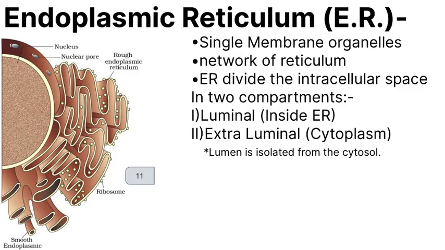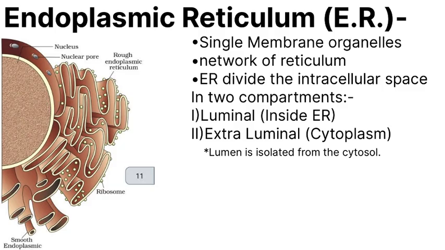Electron microscope studies of eukaryotic cells reveal the presence of a network of tiny tubular structures scattered in the cytoplasm, which is called the ER, endoplasmic reticulum. In terms of its membrane, it's a single membrane organelle which is continuous with the outer membrane of the nuclear envelope, as you can see in the image how it is directly connected with the RER.